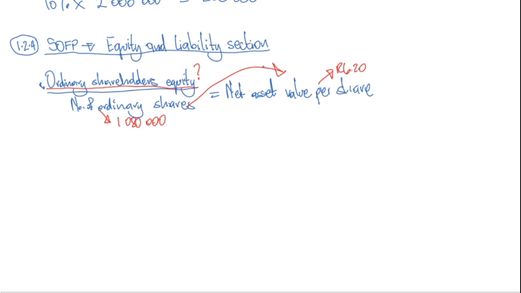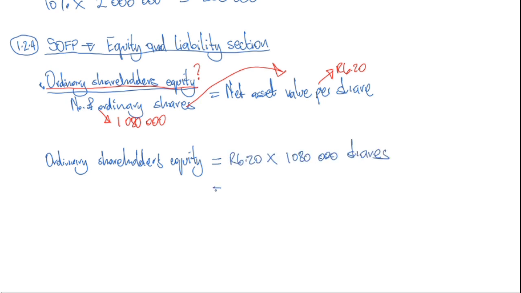It becomes multiplied by the number of ordinary shares. So we end up with ordinary shareholders' equity is equal to 6 rand 20 cents multiplied by 1,080,000 shares. This is equal to 6,696,000 rands.